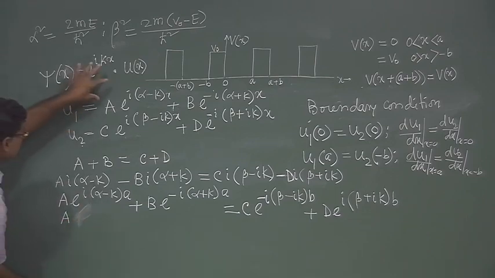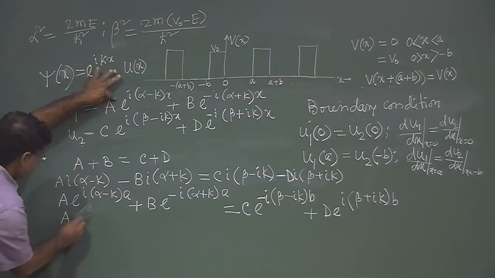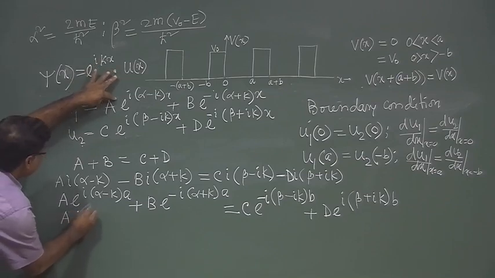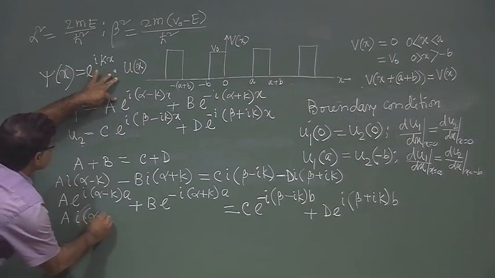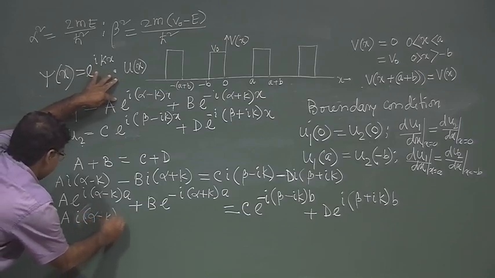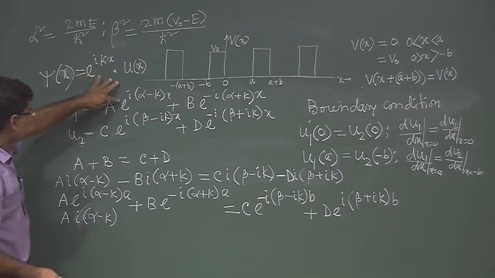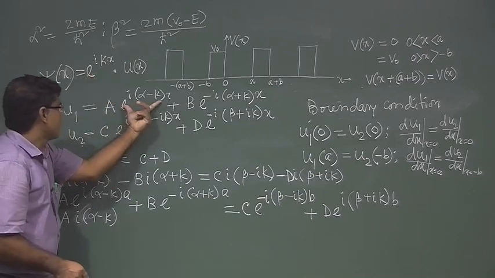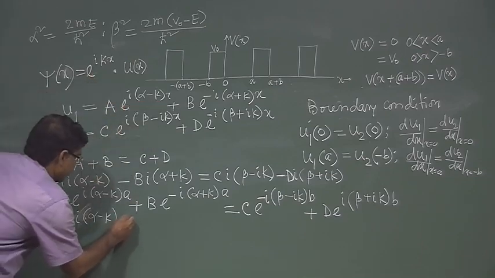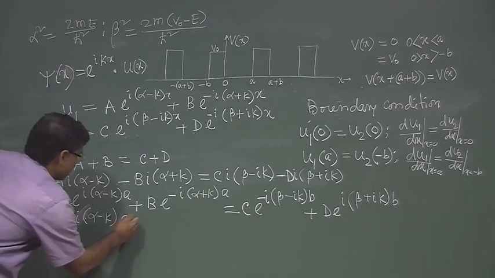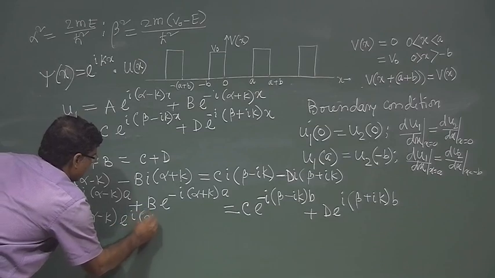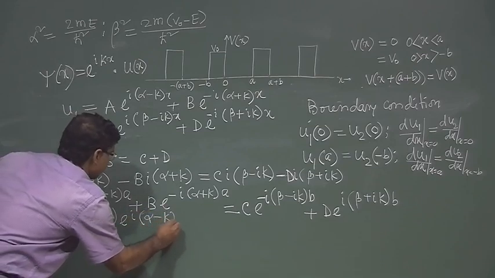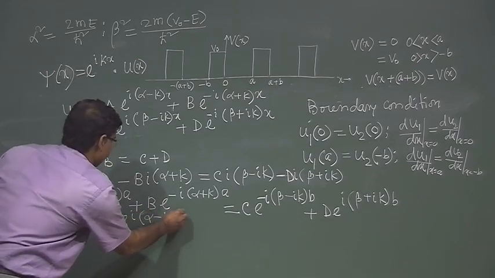If I differentiate a, then I will get i(alpha minus k), right. Now, this will be there. So, I have to write e to the power i(alpha minus k), and this is a, right.